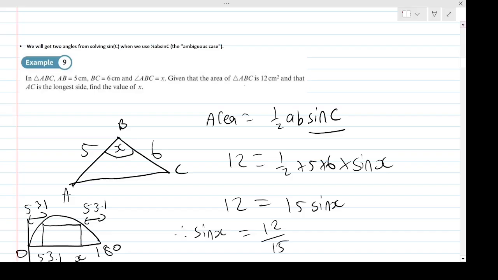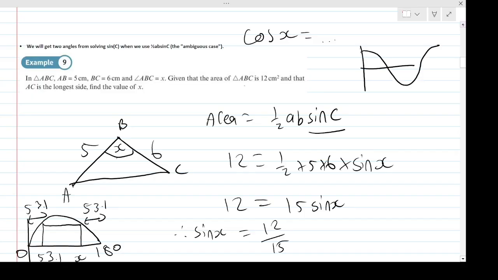So anything to do with the sine rule or the area formula, we need to be considering that second angle possibility here. And yeah, I should also say as well, to clarify, if you had cosine of an angle with a triangle, you do not need to, there's no ambiguous case, because again, the way the cosine graph works, it looks a bit like that.